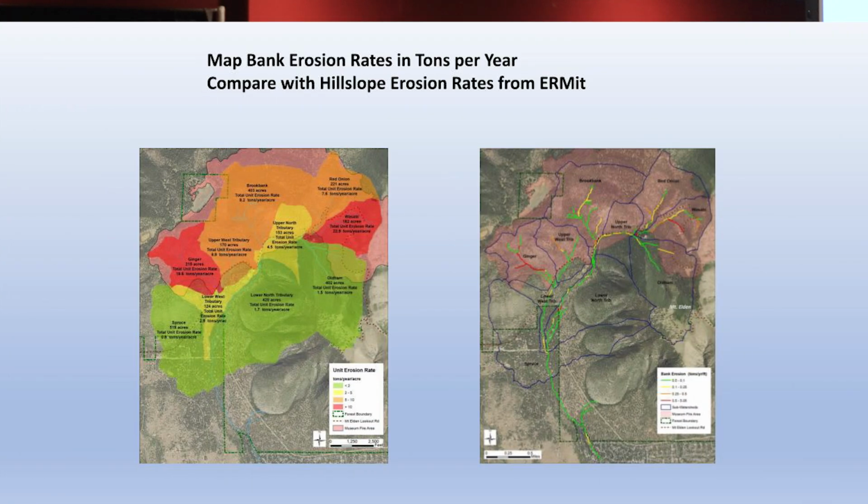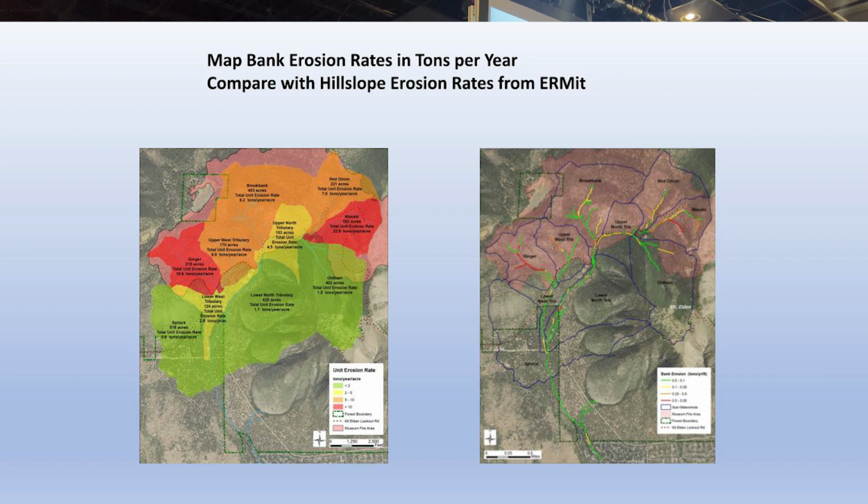You can compare that to the hill slope erosion in each of those sub-watersheds that feeds those reaches using the ERMiT model. This takes some time to sit down and work through. It's computer-based, but once you get the hill slope, the soil type, burn severity, and vegetation types, you can plug that into the ERMiT model and rapidly go through this and break these up.